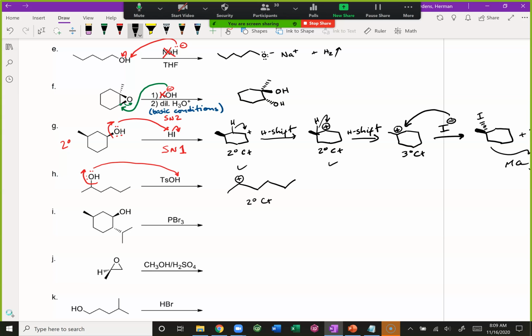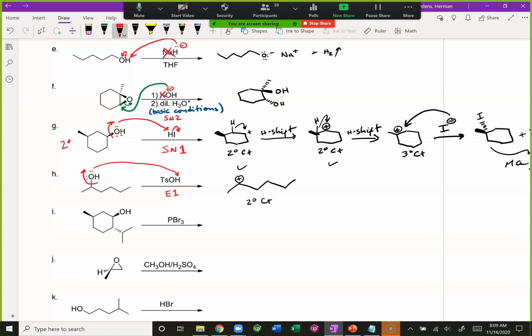What type of reaction is this? Is it SN1? Oh no, it's not going to be SN1. It's going to be an E1. Why do I know it's E1 here with so little?